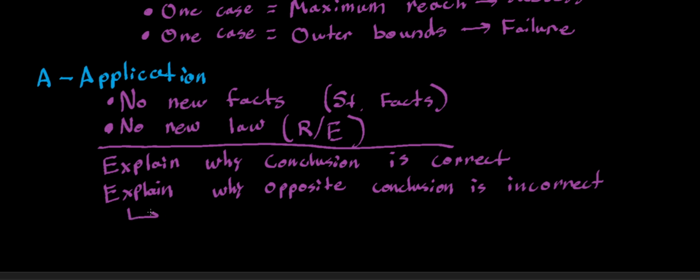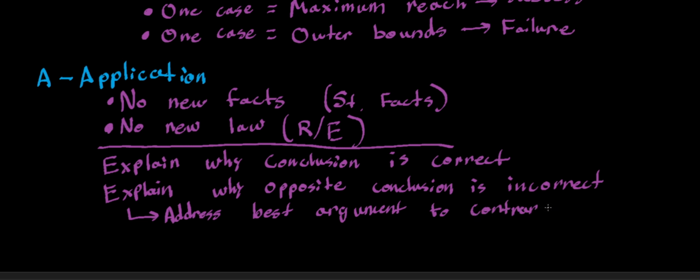And in this second portion, you want to address the best argument to the contrary. So, in other words, get in the mind of your opponent, someone who is going to oppose your conclusion, and think about what their best argument is that your conclusion is wrong, and explain why that conclusion is inferior to your conclusion.